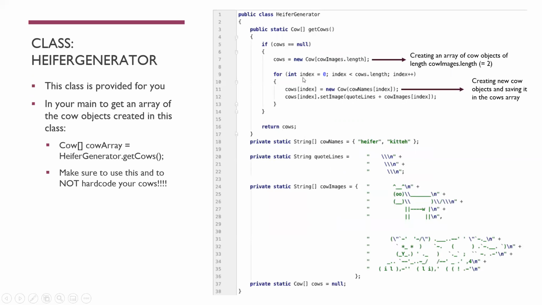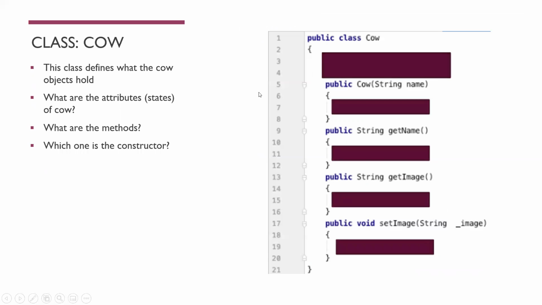And then there's HyperGenerator, which is written for you. So basically this is how the code is structured. You're going to make a Cow class yourself. And then the HyperGenerator class makes cows for you. You know how before we were doing Student A equals new Student? Here, that's what the HyperGenerator class is doing for you.